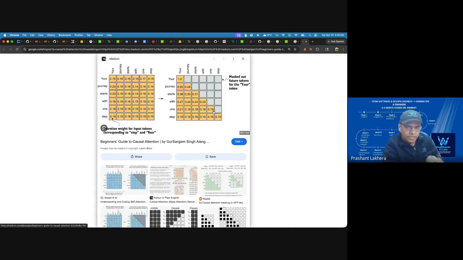So for example, this one can only see "with" or "start". It will not be able to see "your" or "journey".